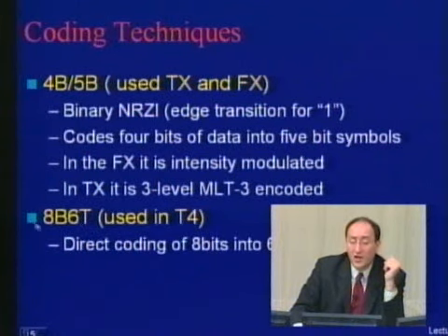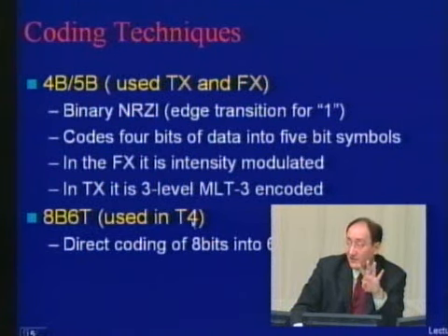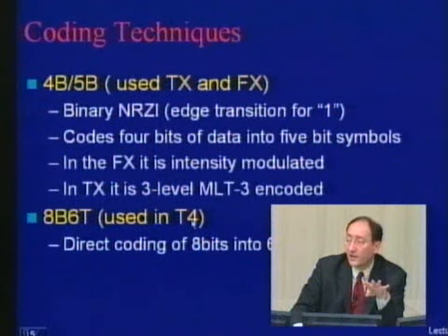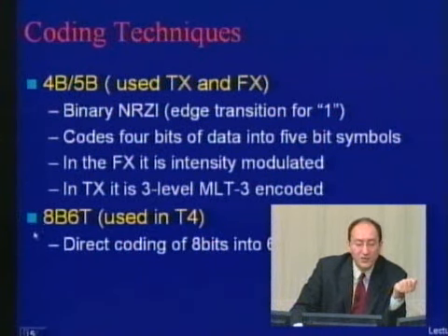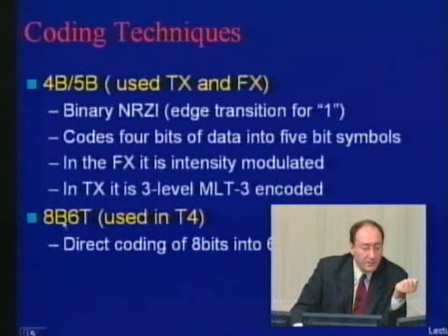But how about T4? For T4, you remember now you have 4 pairs of wires. For those 4 pairs of wires, it's only for wire, not for fiber. What they do is use a coding which is called 8B6T.